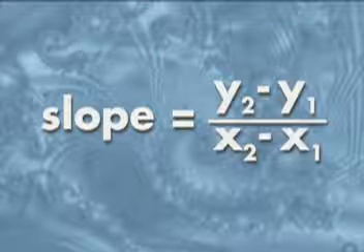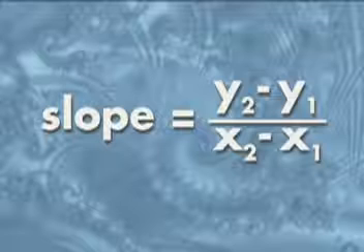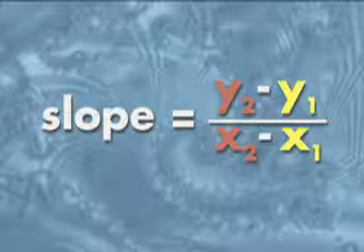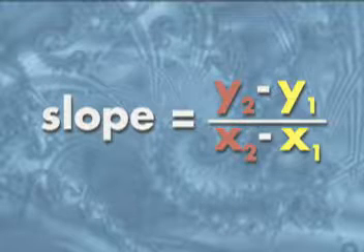Notice that in both the numerator and the denominator of the formula, the coordinates from point 1 are subtracted from the coordinates from point 2. This is the trick to using the formula for slope. You must be very careful to use both coordinates from one of the points as the first number in the subtraction problem, both in the numerator and in the denominator.